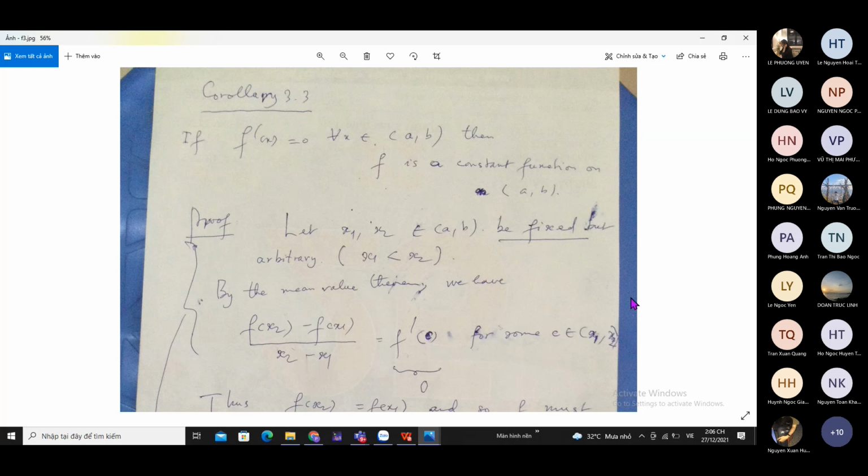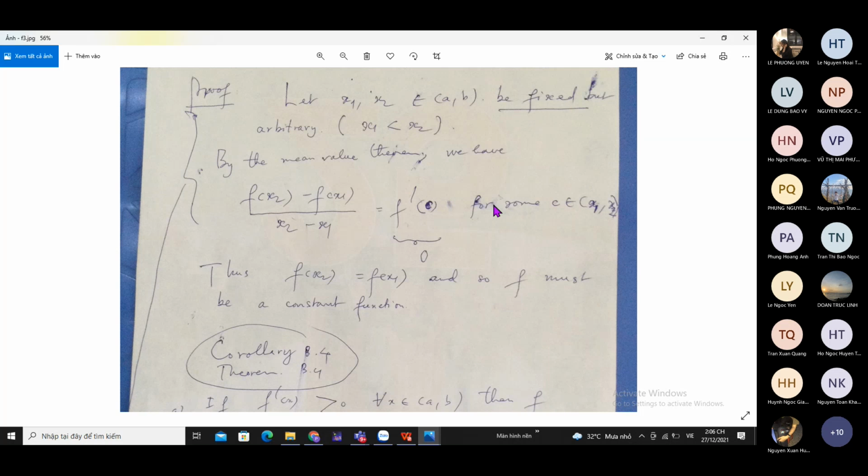That's why c belongs to AB. It gives you f of x1 equals f of x2, right? It means f is a constant function. It follows directly from the mean value theorem, okay?